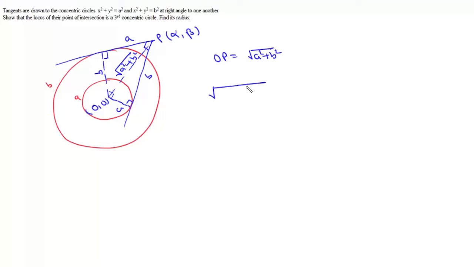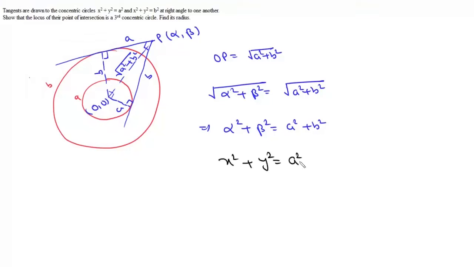Now OP is the square root of alpha squared plus beta squared, and it will be equal to the square root of a squared plus b squared. So this locus will be alpha squared plus beta squared equals a squared plus b squared. Now we'll replace alpha with x and beta with y. So the equation of this circle will be x squared plus y squared equals a squared plus b squared, which again is this third concentric circle whose radius is the square root of a squared plus b squared.